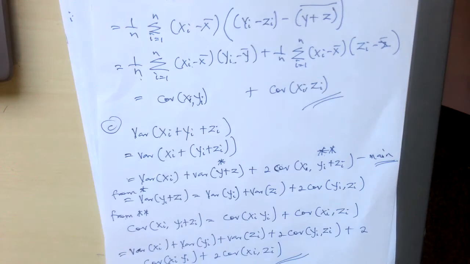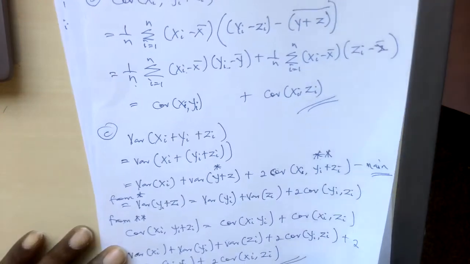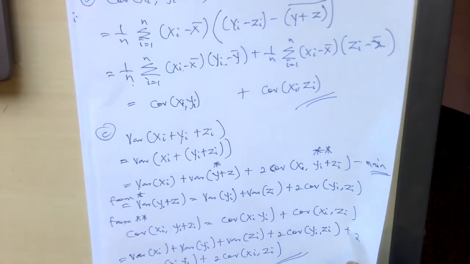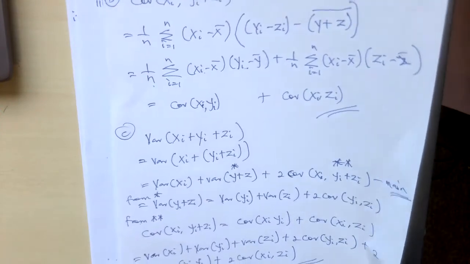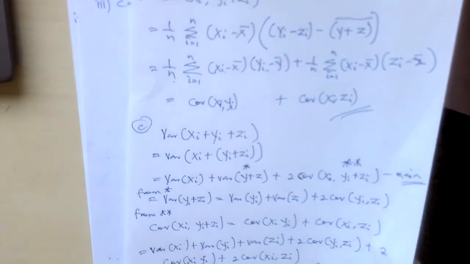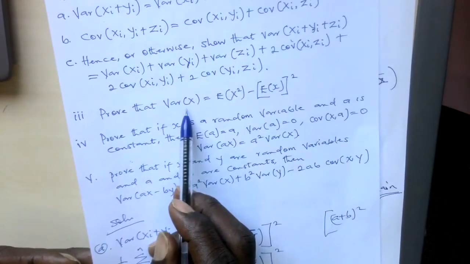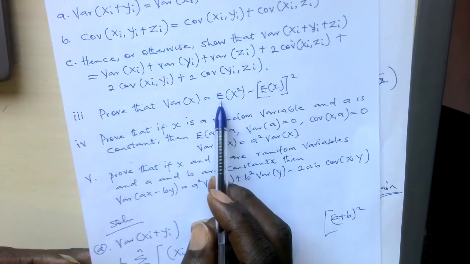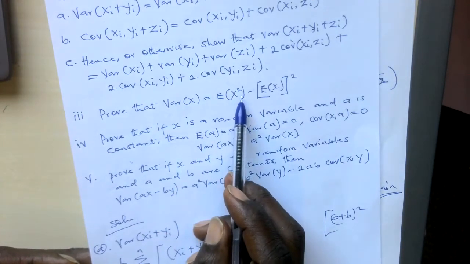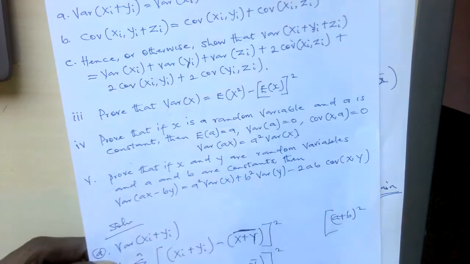So now let's go to the third part of the question. The third part says, from here, prove that the variance of x equals the expected value of x squared minus the expected value of x, all squared.